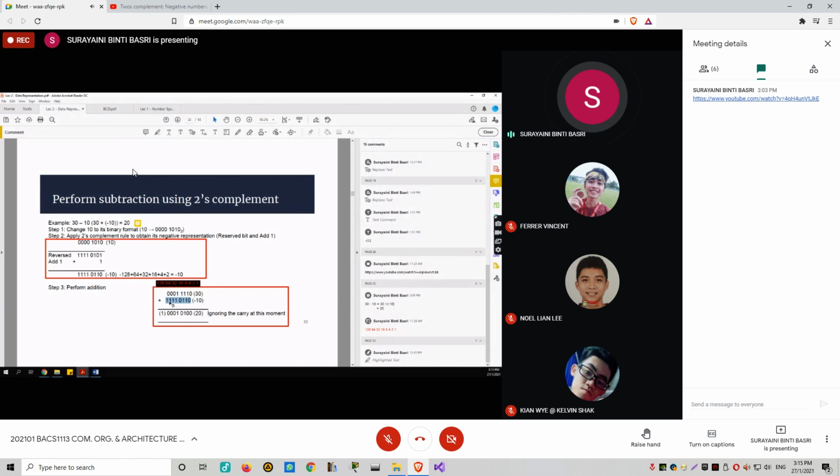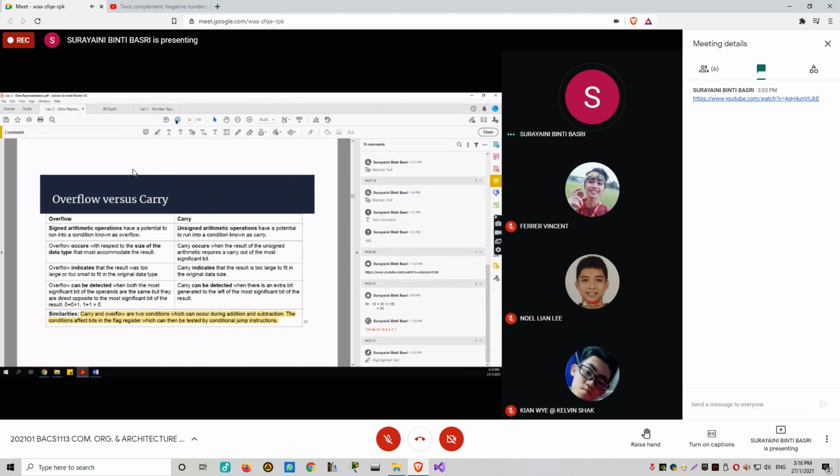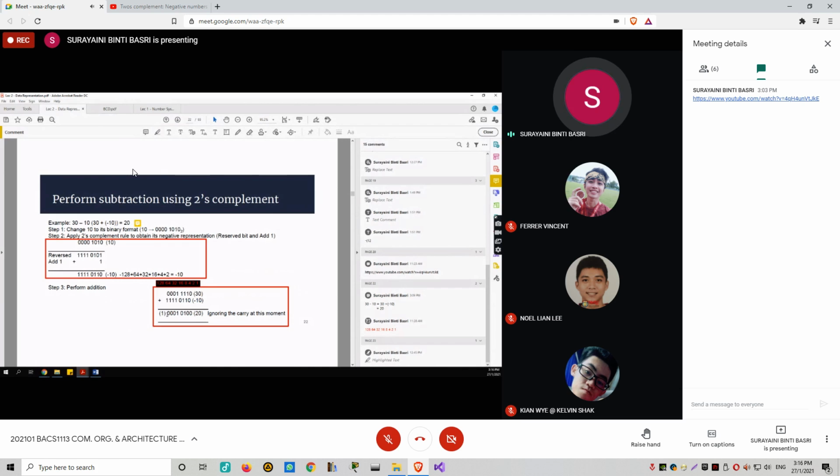But it happens when the most significant bit, the last bit here, is different from the most significant bit of the result. So what it means is the most significant bit of the result here is exceeding the bit of the operands. This is the operands. Okay.